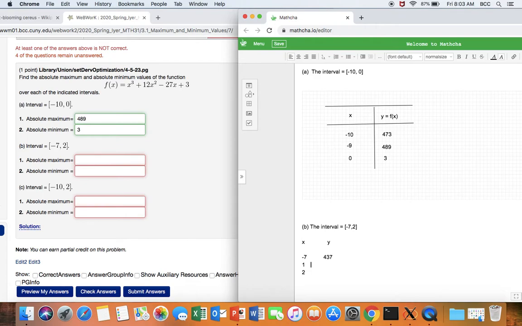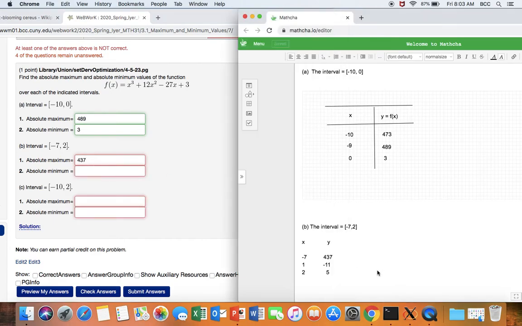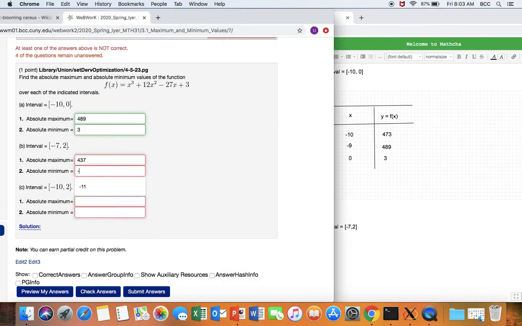For 1, I have negative 11. And for 2, I have 5. So now looking at these numbers, the absolute maximum is 437 and the absolute minimum is negative 11.